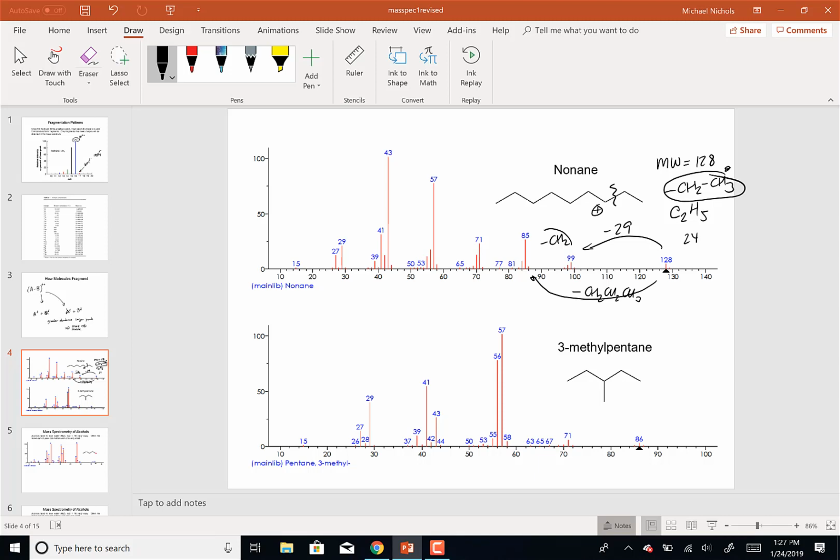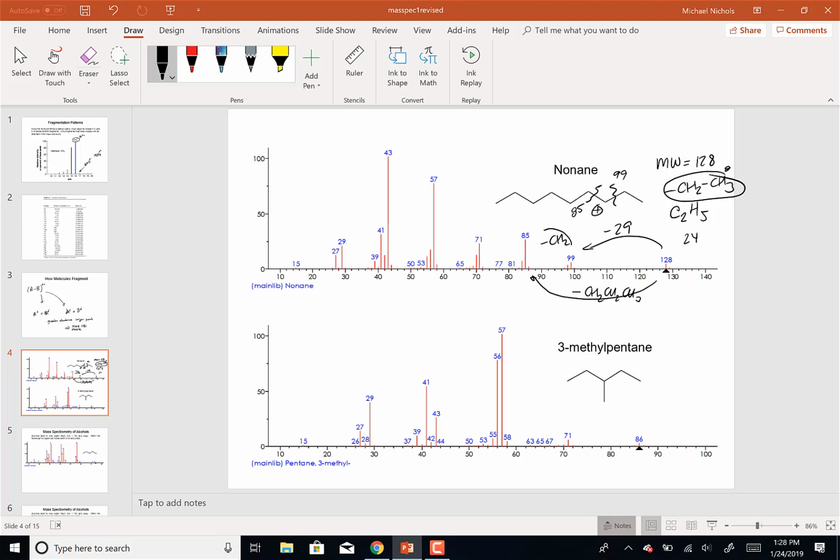So this is one way we can determine what the fragments are, by figuring out what mass I'm losing and then putting that mass into the fragment. So if the minus 29 here, the peak at 99, was cleaving that bond, now cleaving this bond gives me the 85 fragment left over.